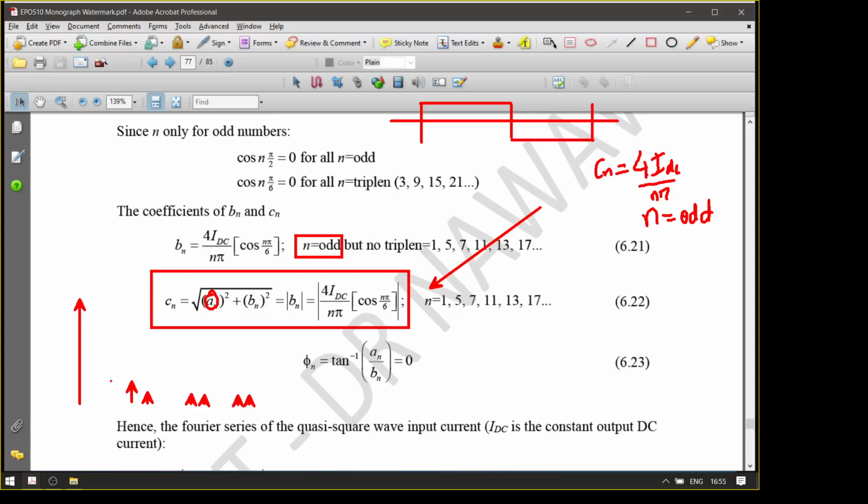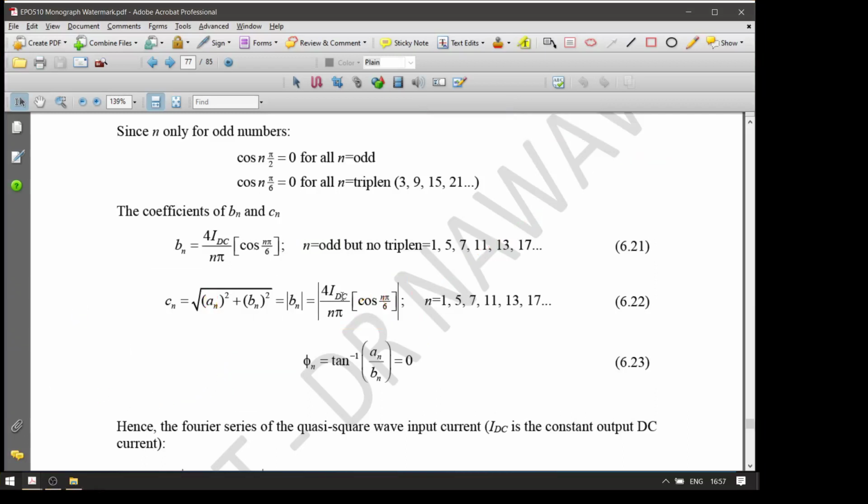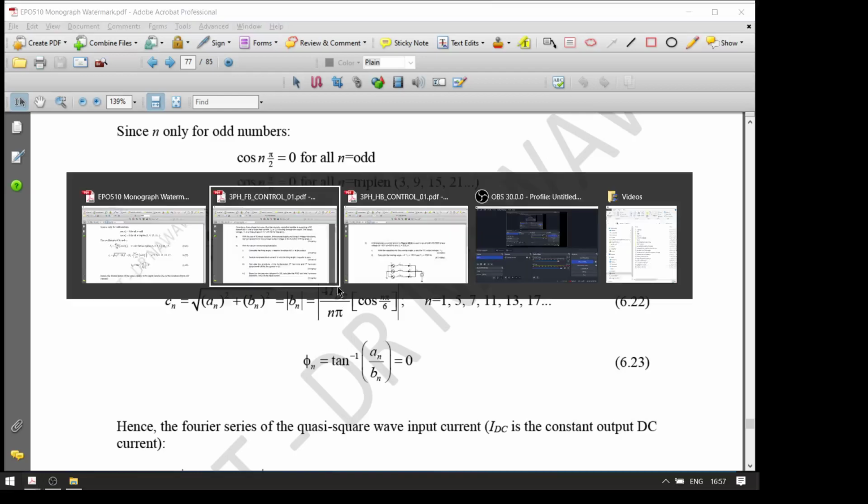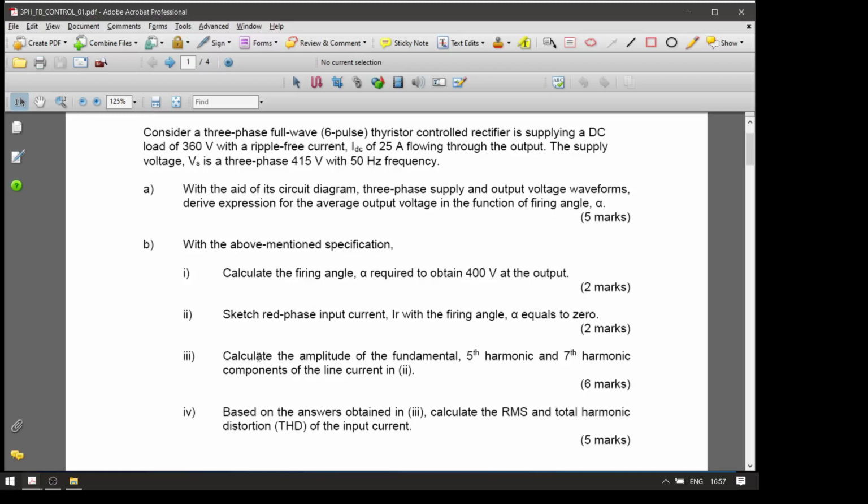You don't see 3, 9, 15, they're all gone because of the cos. When you do the cos n pi over 6 here, they become 0 at the third harmonic, 9th harmonic, and the triplen harmonics are gone. So you use this to answer part 3.